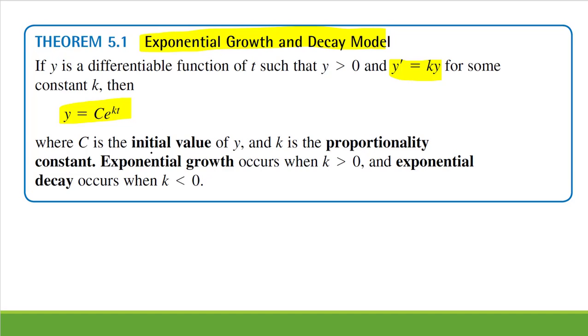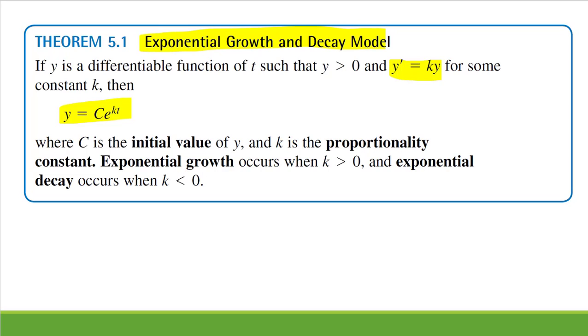This should look familiar; I teach it in my Algebra 2 class, so you should see it in Algebra 2 and in pre-calculus. And then talking about exponential growth versus exponential decay, you're growing if k is greater than 0, and you're decaying when k is less than 0, so when that k constant is negative. Okay, let's get into some examples.